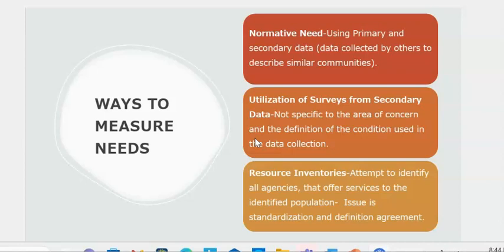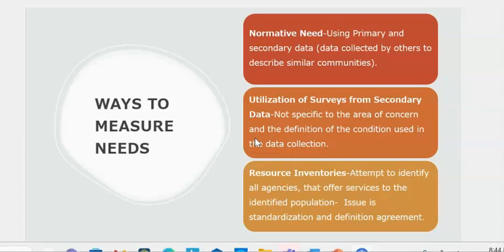First, we can look at normative need, and we can use primary and secondary data, and that's data collected by others to describe similar communities. Sometimes that data is overlooked. We can use surveys from secondary data.